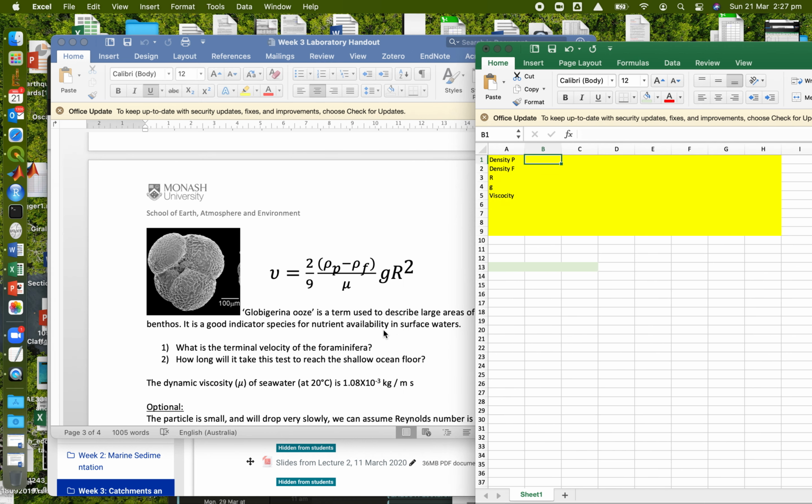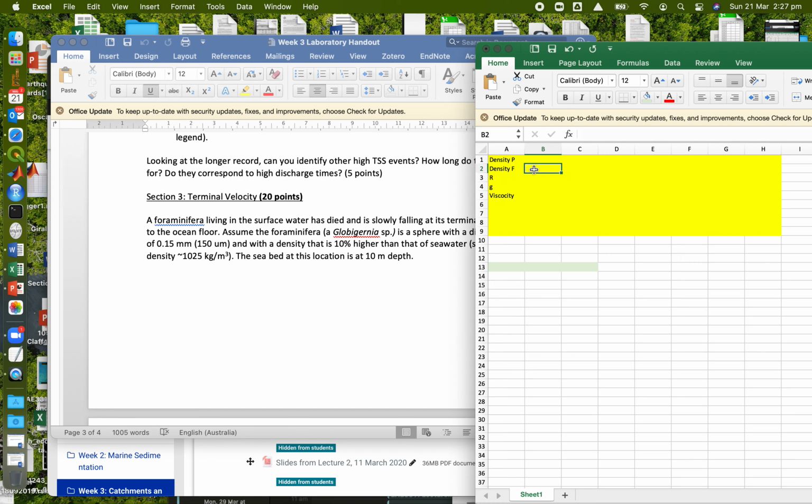The density of seawater, the fluid, is 1025 kilograms, and the density of the foraminifera is 10% higher, so I could do 1025 plus 10% times 0.1, or you can calculate it with your calculator.